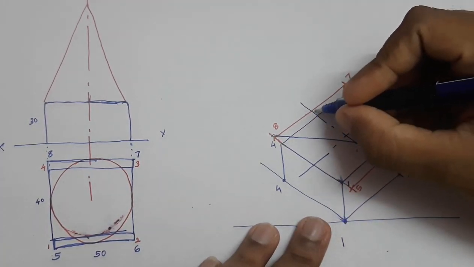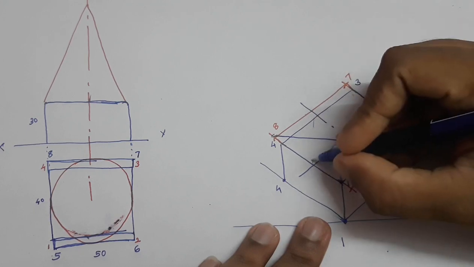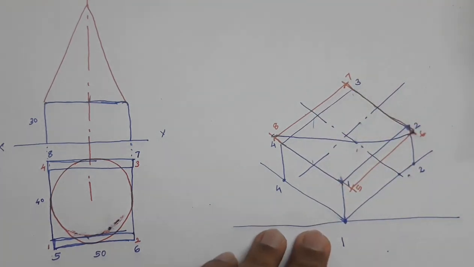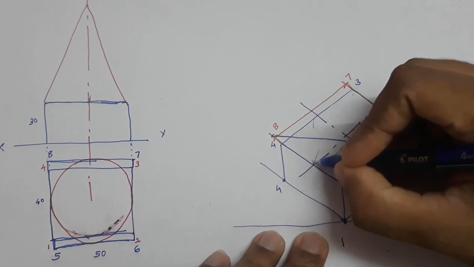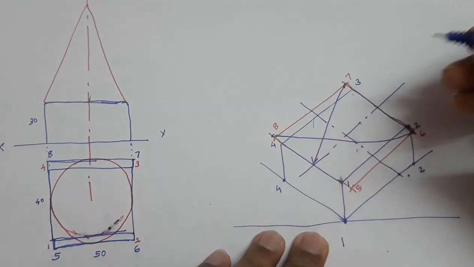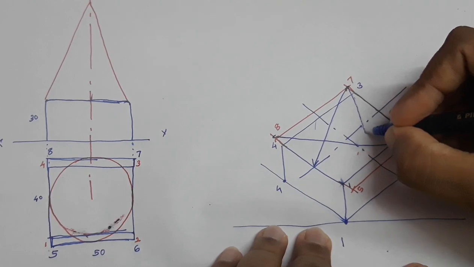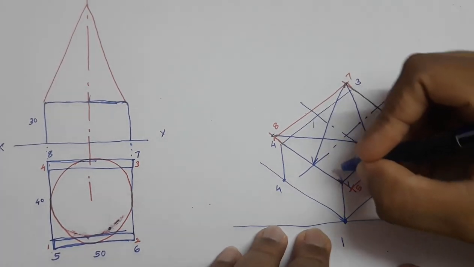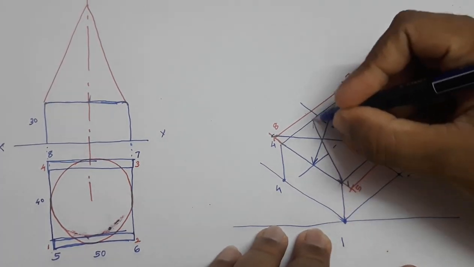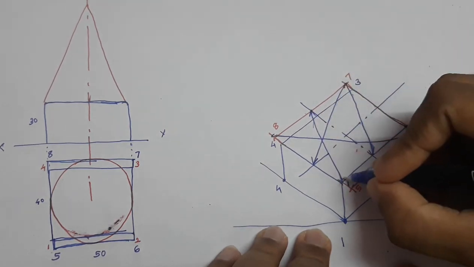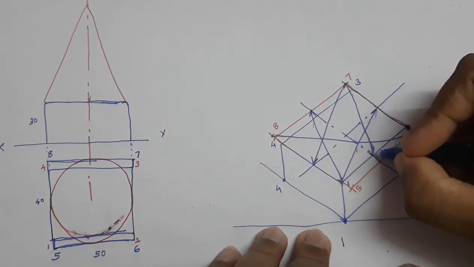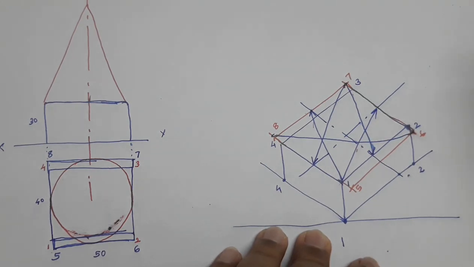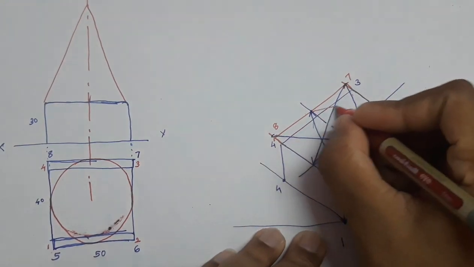With this point, you have to draw an arc with this measurement. So one point is from here. You'll be having another point from here. You'll be getting another point from this point to this, and another point from this point to this. With all these measurements, you can complete drawing the circle, which is an ellipse.